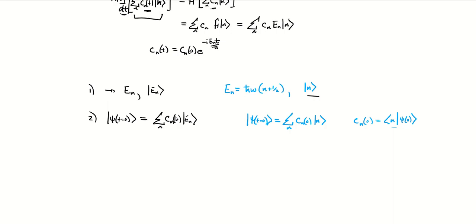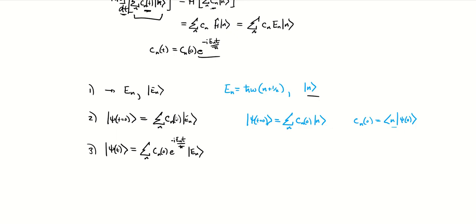The third step, the final one, is that we just add those phase factors that have the time dependence. So our state function as a function of time now becomes the Cn's at t equals 0 times these e to the minus i En t over h bar phase terms.